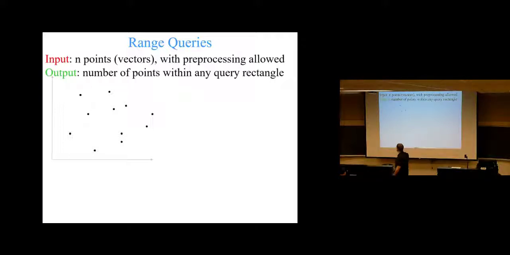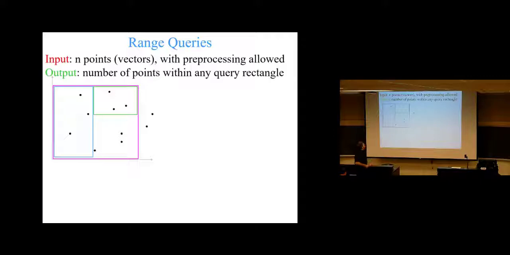There's partial orders. But okay, the same problem: you have a query rectangle and you want to know how many points are inside it. So we're trying to find out how many points are inside the green rectangle. But in general, there's a lot of them, and it's tricky business.